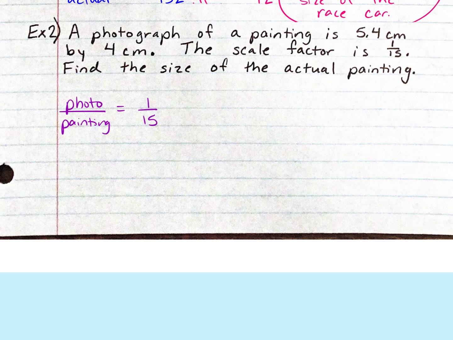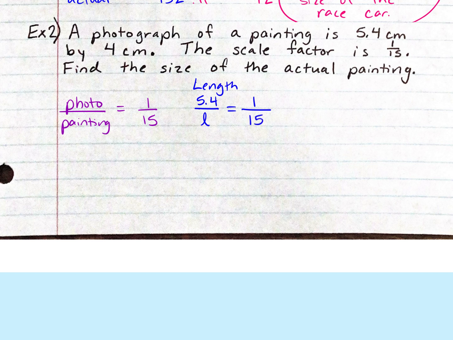So I'm going to use that fraction in a proportion, and we're going to do this 2 times. First, we're going to find one of the sides. It's just giving you 5.4 centimeters by 4 centimeters. I'm going to use length and width. So here's my first proportion. I'm going to find length. That is the photo's size, which is 5.4 centimeters, over the painting's size, which is unknown, we'll use L for length, is equal to the photo size of 1 compared to the painting size of 15.